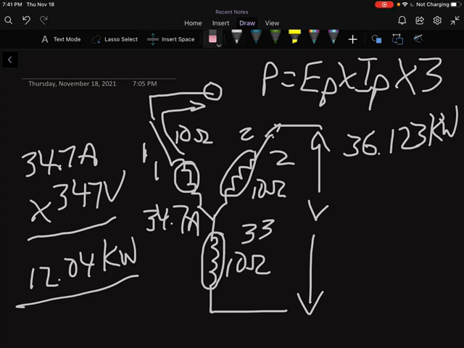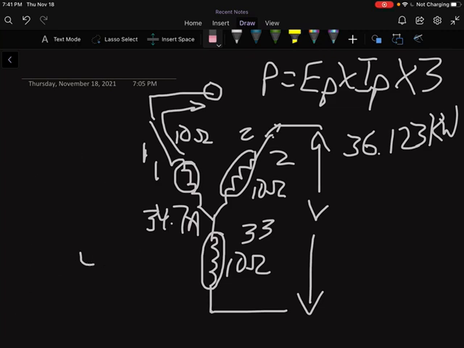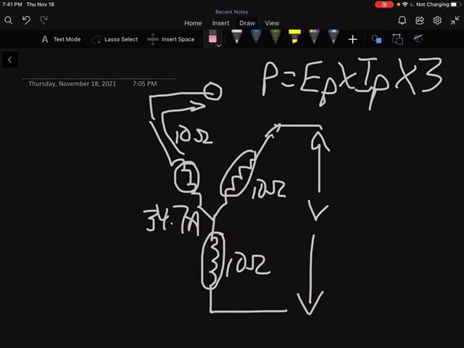You don't just have to use phase values, you can also use your line values. So if you're calculating using line values, there is a little bit of a difference. Obviously, your line voltage is root 3 larger, so it's 600 volts.